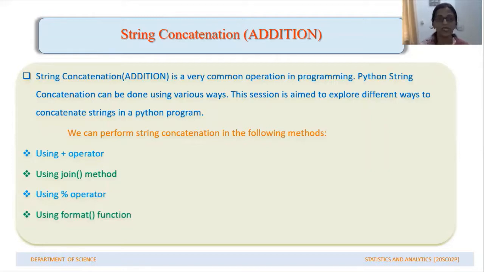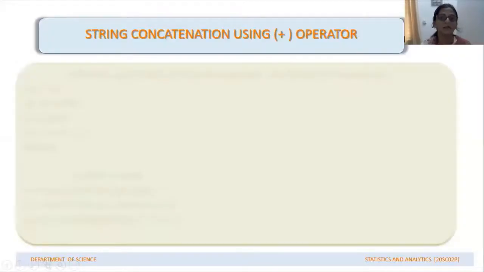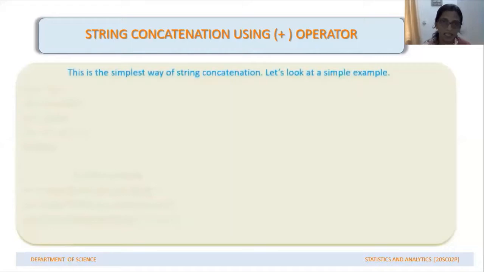Now let us quickly see how we can use the plus operator to concatenate or join two strings. String concatenation using the plus operator is exactly similar to how you found the sum in the case of numbers using the plus operator.